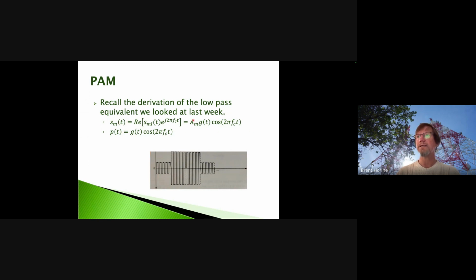So that would be this A sub m times this g of t times cosine 2 pi fct, where g of t is going to be our pulse that we're dealing with. That's just this gating function for the symbol period. And then A sub m is modifying the amplitude of this. So here, this might be a +1. Maybe this is a +2. Note that this one has a different phase from this one.